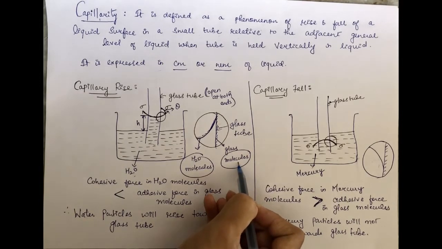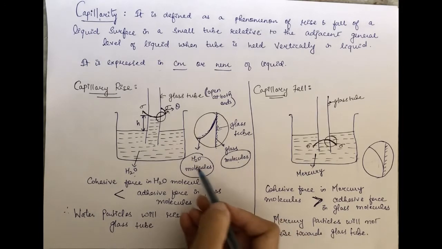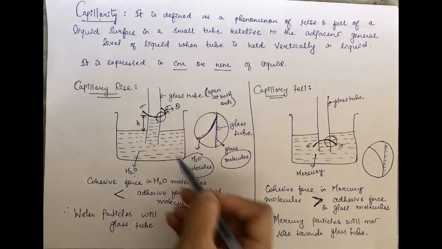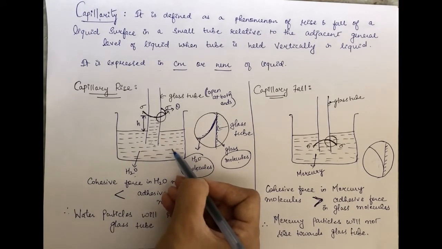As we discussed in our previous lecture, cohesion is the attractive, intermolecular force which exists between the molecules of the same liquid, and adhesion is the attractive force which exists between the molecules of different fluids. So among the H2O molecules, which force will there be, cohesive or adhesive?